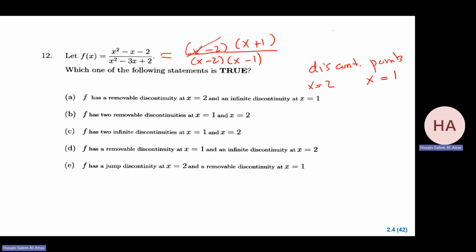This one, there is a cancellation, so I have a number. So the limit exists, so it's removable. And this one, still it will go non-zero over 0. So I have non-removable. Actually, it will be infinite, but we call it non-removable. So at x equal 2, I have removable. At x equal 1, we have non-removable.